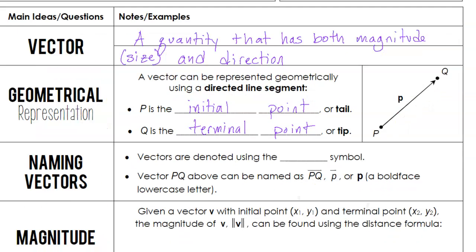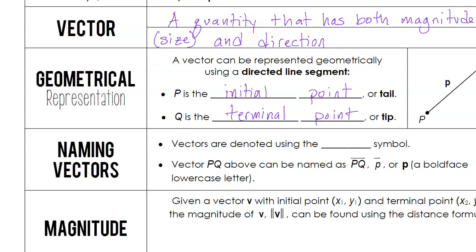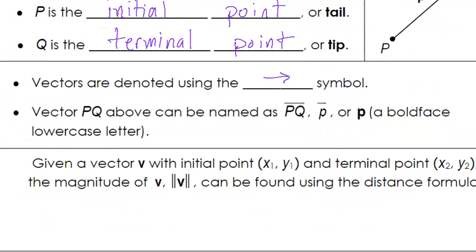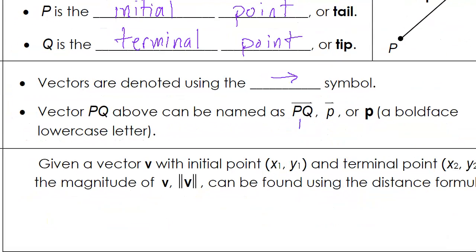And when we write vectors, we use a little small arrow symbol, and you can notate vectors using 2 letters with an arrow over the top, or a lowercase letter with an arrow over the top, or a lowercase letter that is bold. All of these are different ways that you can write vector PQ.